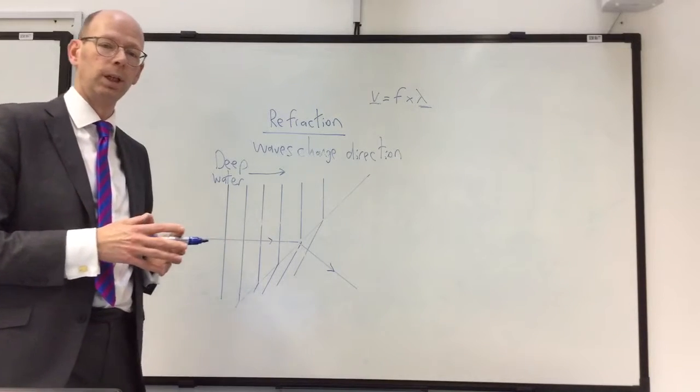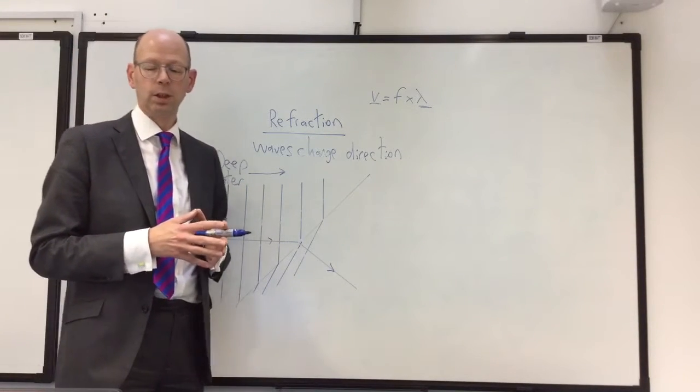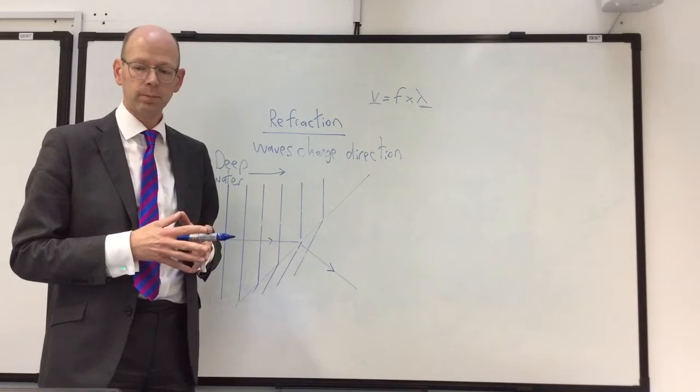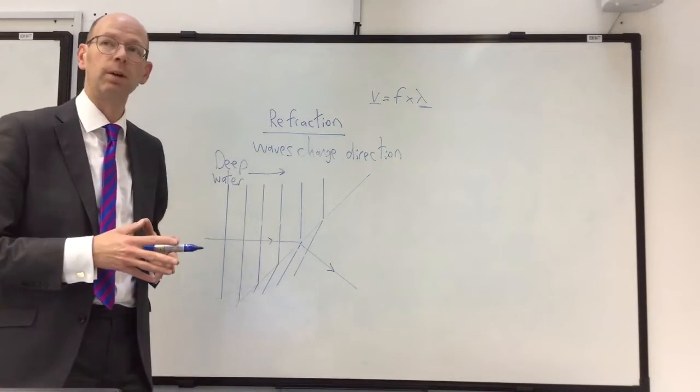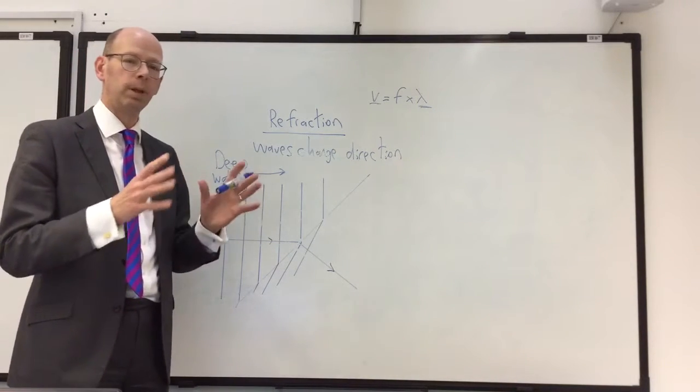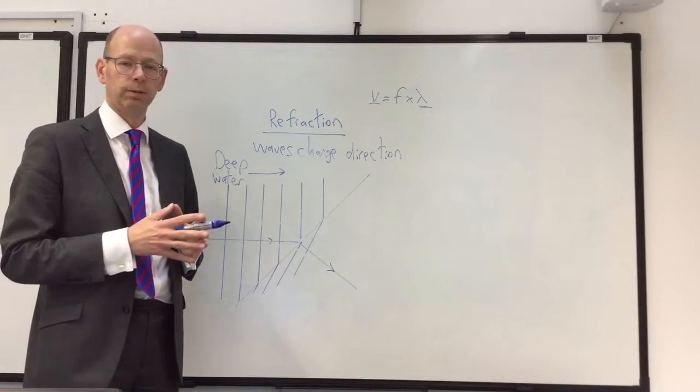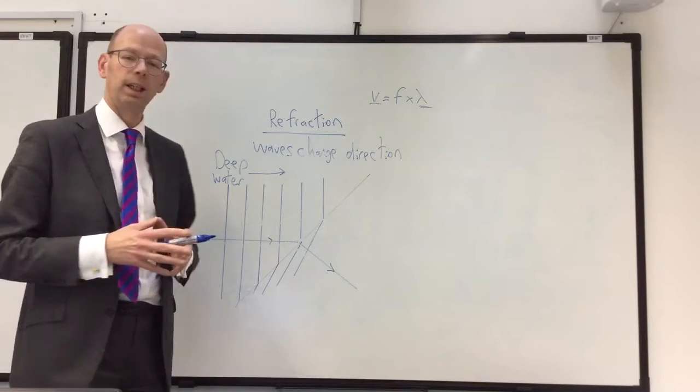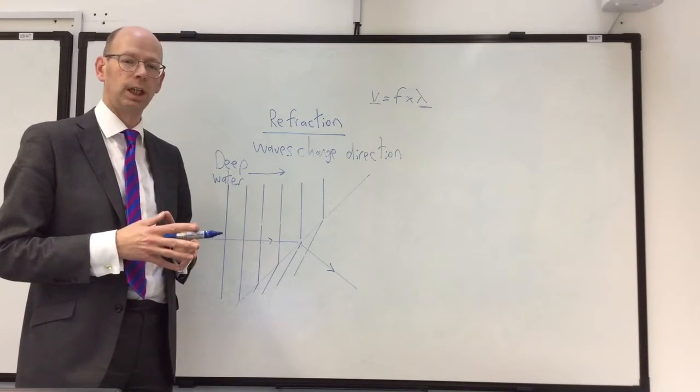So we get the phenomenon of refraction with light rays as well. And as we'll see in a subsequent video, we can actually put some numbers onto this and find a little formula which explains the amount by which the direction changes.